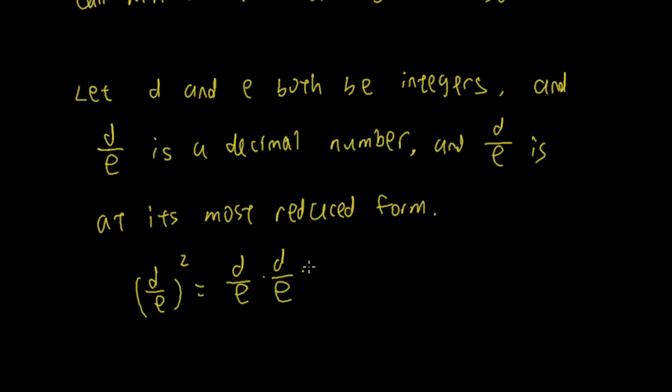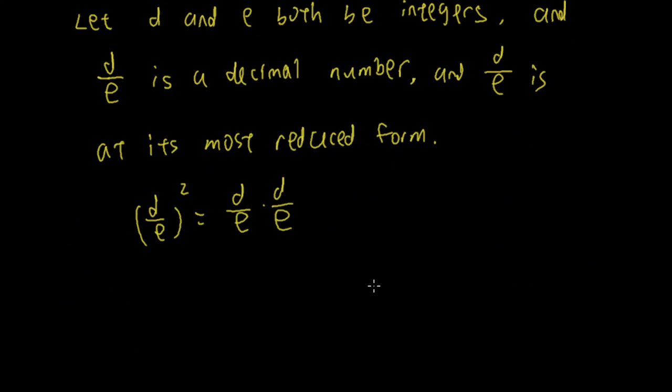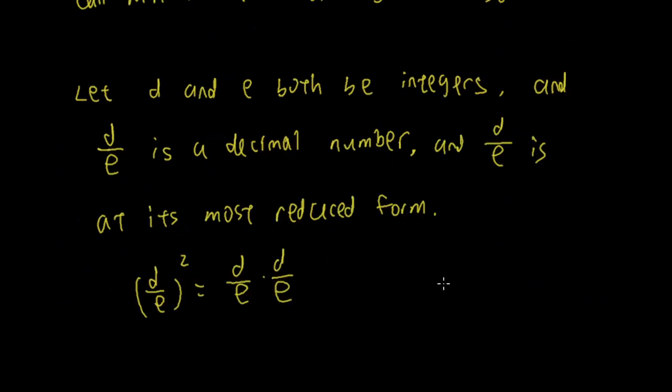Which is going to illustrate the situation for our case here. Okay, like I just said, b over e is already at its most reduced form. So that means b over e times b over e cannot be simplified any further, and there's nothing to cancel out. And that is equal to b squared over e squared, right, as an end result. But in that case, it will still be a decimal number, right? It's still a decimal number.